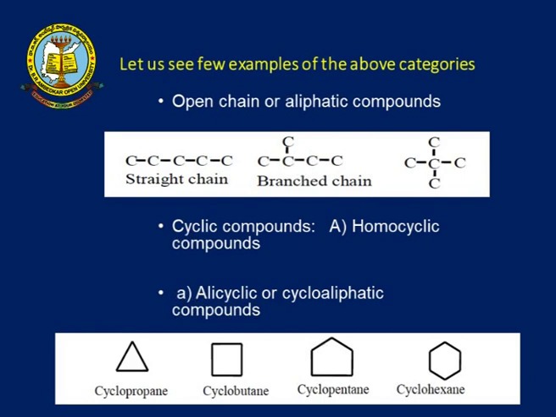That is about the open chain compounds. Coming to cyclic compounds, I said earlier they are again 2 types, homocyclic and heterocyclic. In homocyclic, alicyclic I said. These are examples of alicyclic compounds: cyclopropane, cyclobutane, cyclopentane, cyclohexane, etc., where you cannot find such systematic arrangements of single and double bonds.